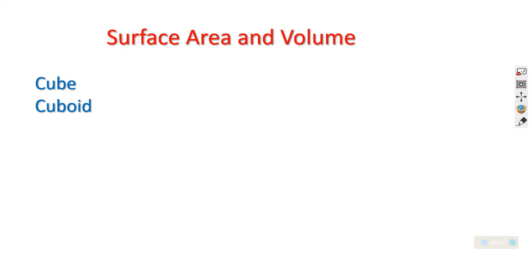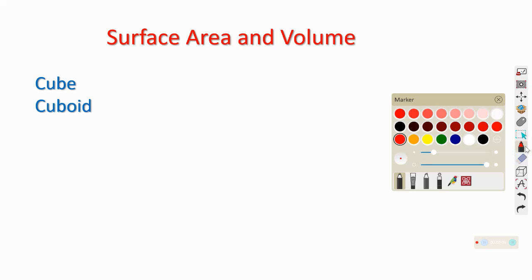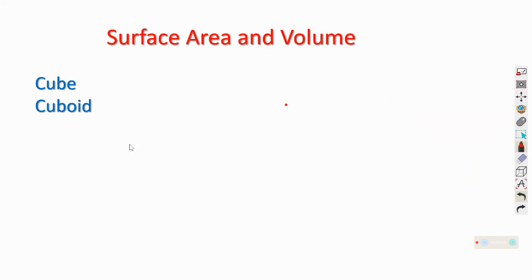Cube: you understood the concept of surface area and volume of a cube, where the total surface area of a cube is calculated by 6L square and volume by the formula L cube.